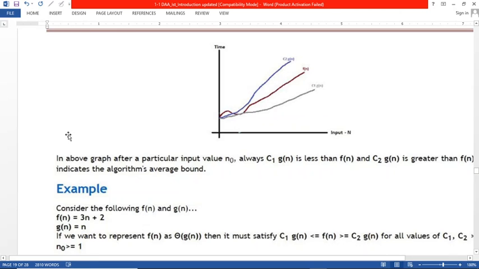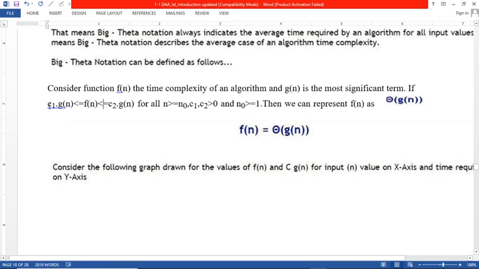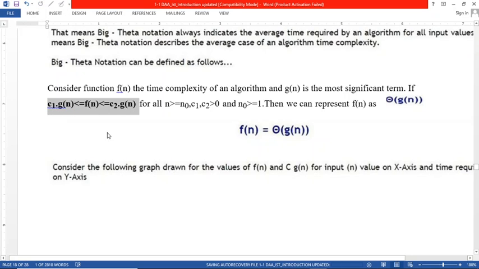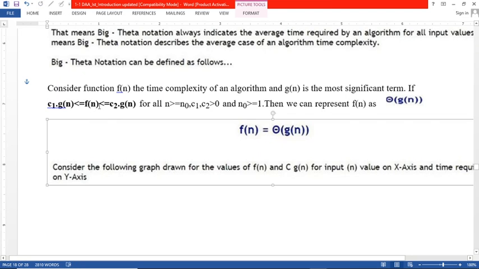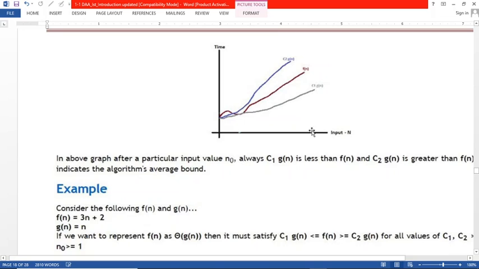The equation is c1 times g of n less than or equal to f of n, and f of n is less than or equal to c2 times g of n. In the graph itself you can easily identify this, and this is an average case.